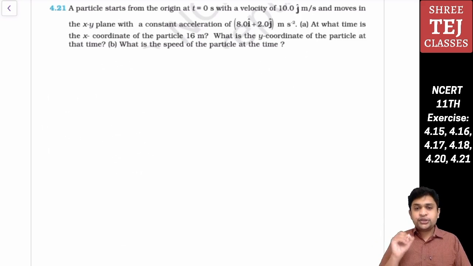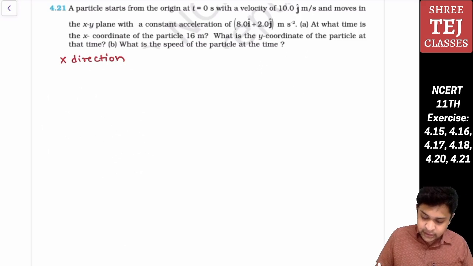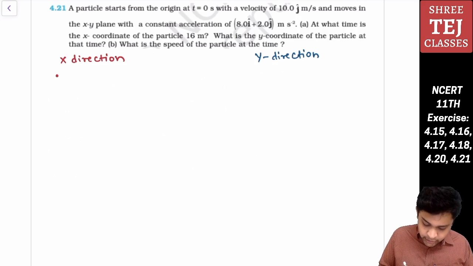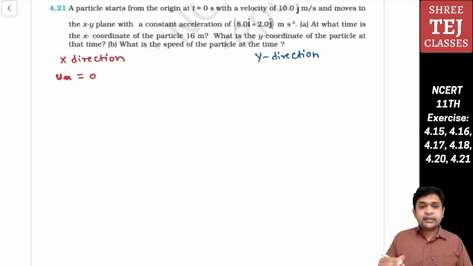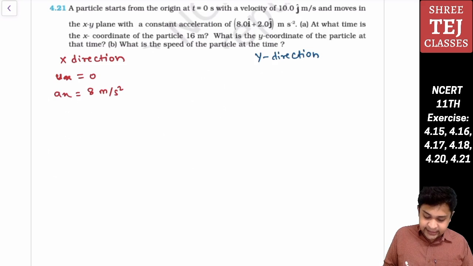So we will divide the motion into x direction and y direction. ux will be 0 because initial velocity in the x direction is 0. ax is 8 meter per second square. sx, which will be the displacement, is 16 meter.